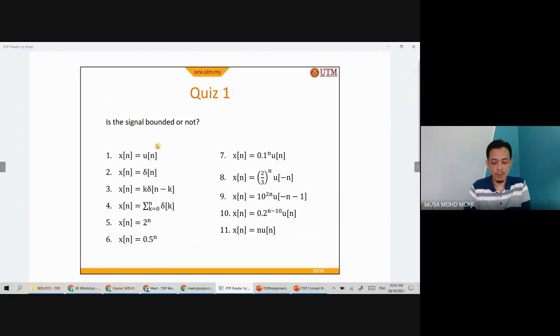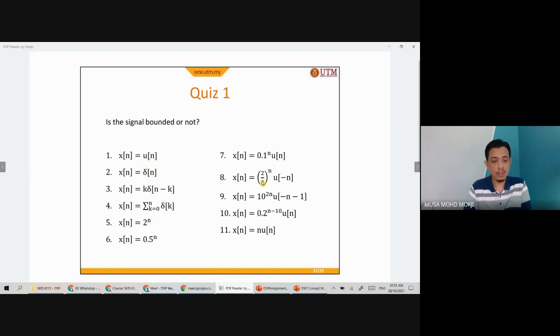So when you look at these equations, look at it carefully. None of it is actually a system. This is a signal described by some equation, and most of it is described by a basic signal. This is an impulse, this is an impulse, and this is a step signal.